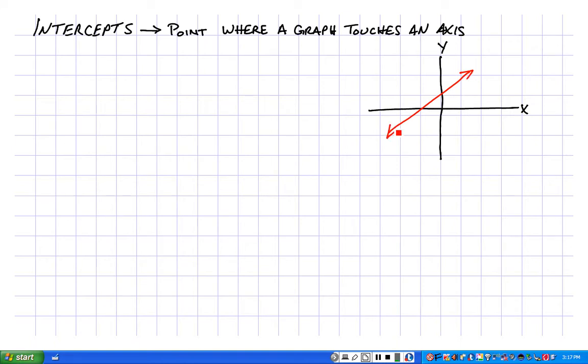The point where this line is touching the y-axis would be known as the y-intercept, and where it's touching the x-axis would be known as the x-intercept. So again, it's just a point where a graph touches either the y-axis, y-intercept, or the x-axis, x-intercept. That's all we mean by intercepts.